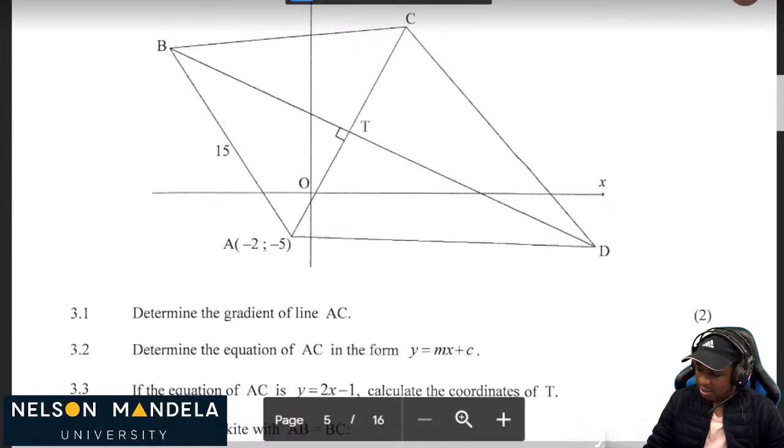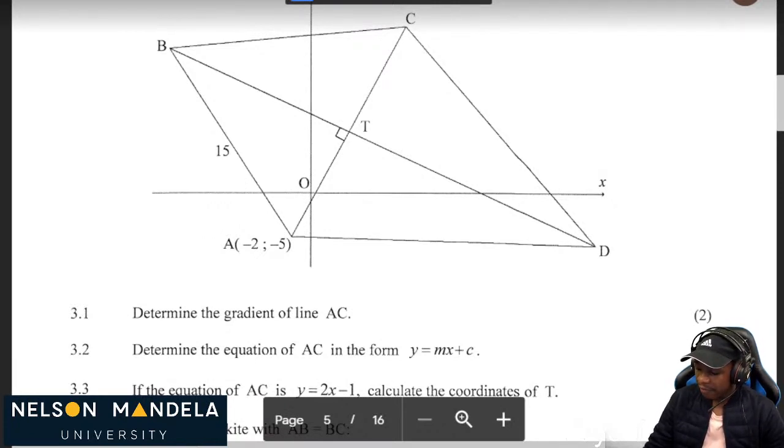We know that the distance formula says x2 minus x1 all squared plus y2 minus y1 all squared. So this one is x2 and y2, x1 and y1. So come on now, let's go.